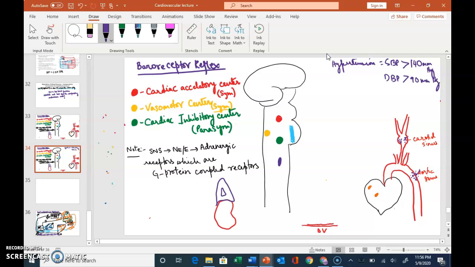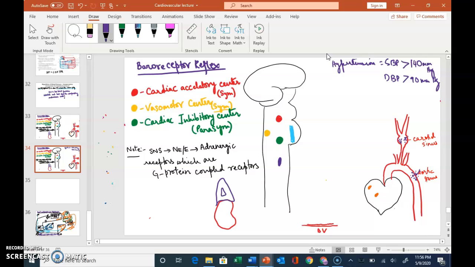Then we say hypertension. So we will first look at the baroreceptor reflex that helps to bring the blood pressure back to normal, and then we will look at the renal compensation for hypertension.